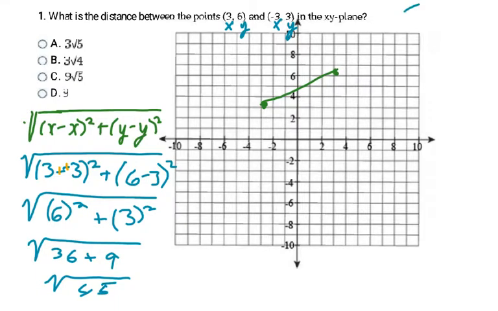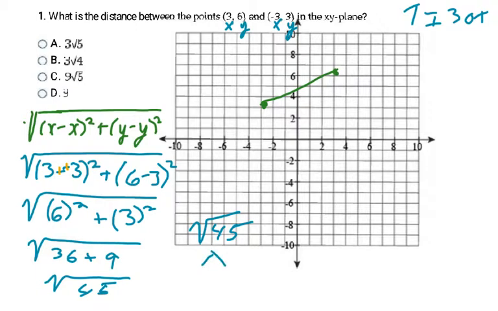If you have a TI-30XS, you can put the square root of 45 in there, press enter, and it'll simplify it for you, and you'll have your answer. If you don't have that, then you're going to have to break this down on your own. I have the square root of 45. I'm going to think, what perfect squares divide into 45? 4, no. 9, yes.